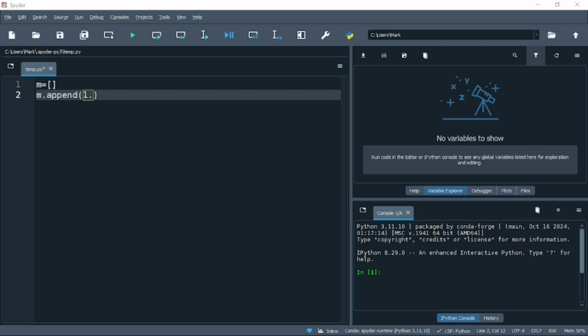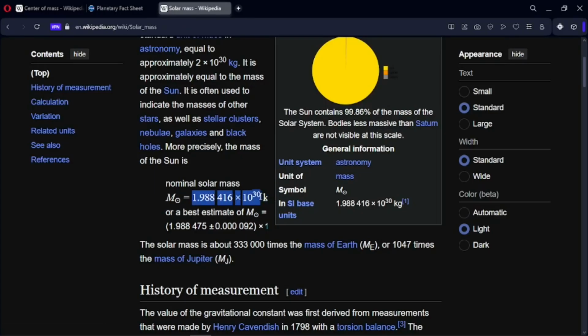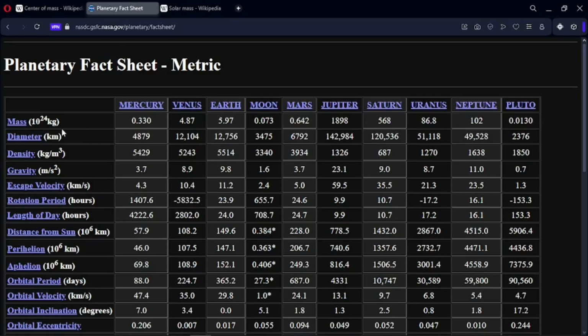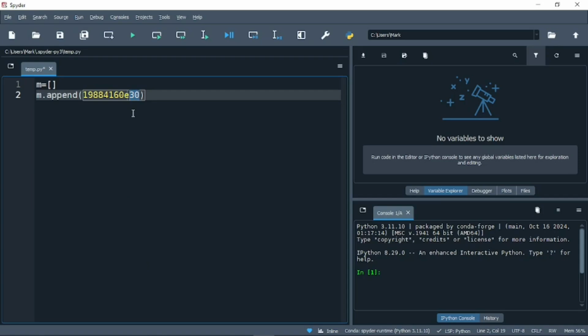Let's copy it from here, to the power of 24, right?